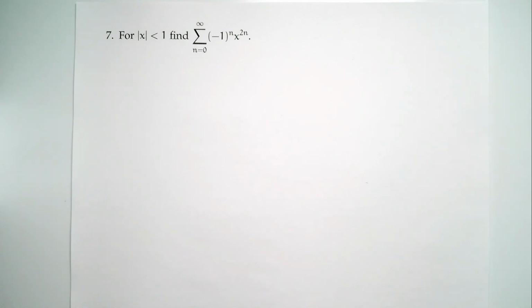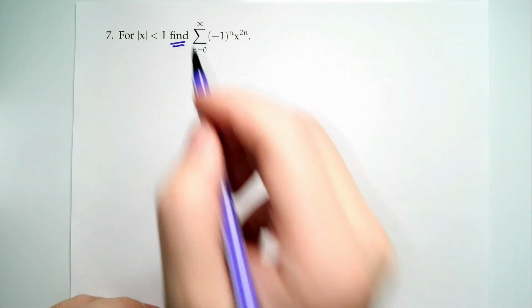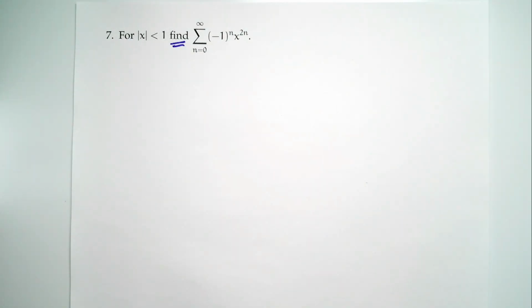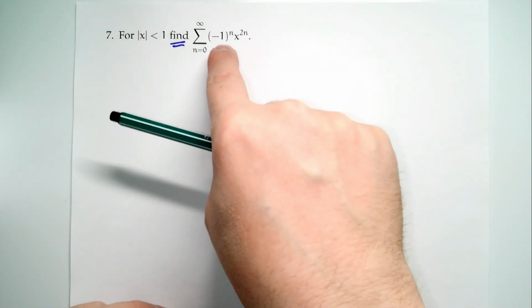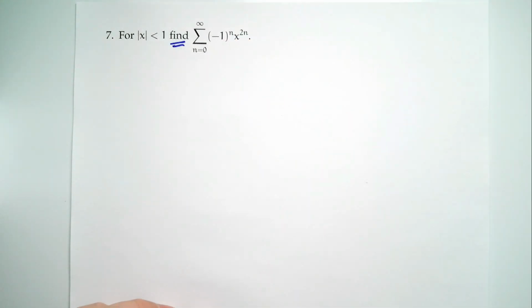Now, again, we see the word find, and whenever we see the word find, we've got to be thinking either geometric or telescoping at this point. Well, which one is it? We see lots of n's in the exponents. So when you see lots of n's in the exponents, you should probably think geometric.